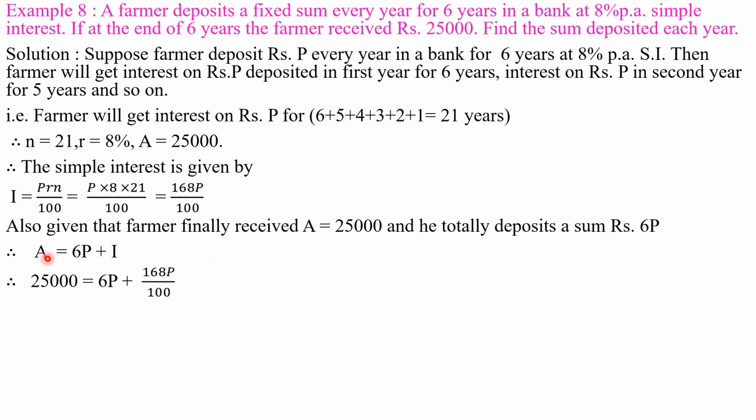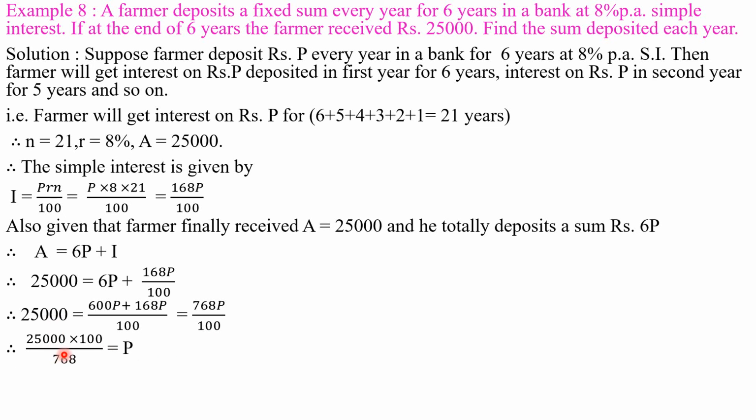So we get amount A, 25,000, is equal to 6P plus 168P divided by 100. Therefore we get 25,000 is equal to 600P, cross multiplication, 100 into 6P is equal to 600P, plus 168P divided by 100. So we get 600 plus 168 is equal to 768P divided by 100.